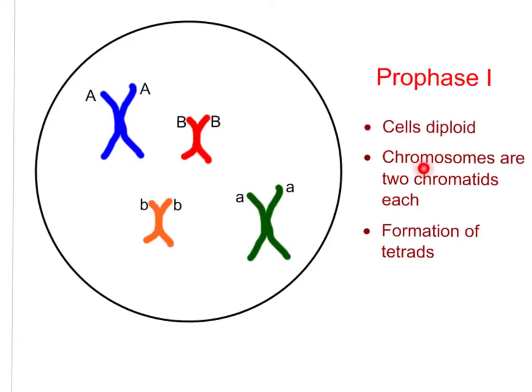Remember that each chromosome consists of 2 chromatids. And these chromosomes in prophase 1 are going to form tetrads. And how do they do that? Well, look at this one here and this one here. Those chromosomes are what we call homologous chromosomes. We call them homologous because they are the same length.